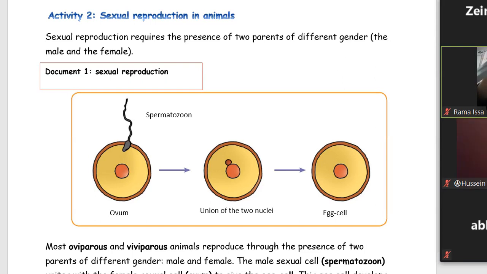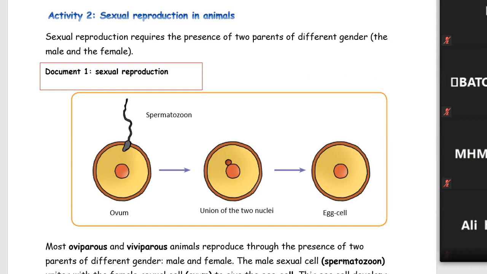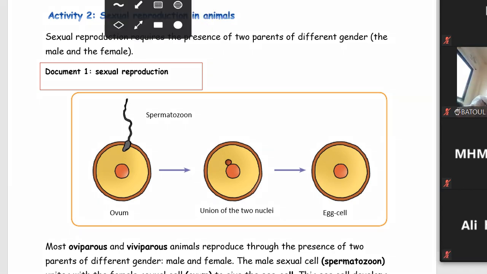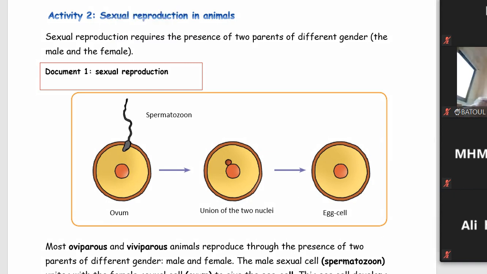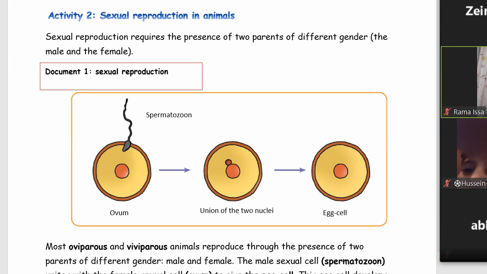Good morning again, students. Today we are going to move into activity 2 about sexual reproduction in animals. In the previous session, we mentioned the types of asexual reproduction in animals. As you know, asexual reproduction requires only one partner.